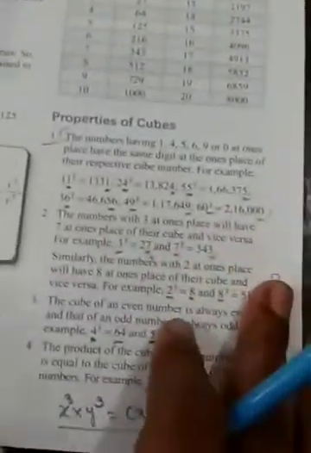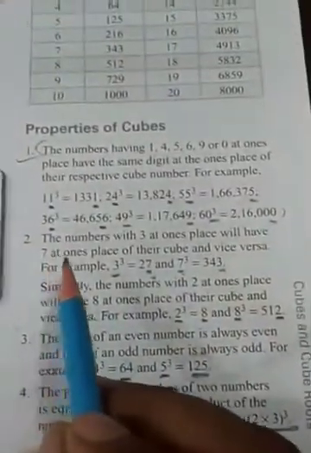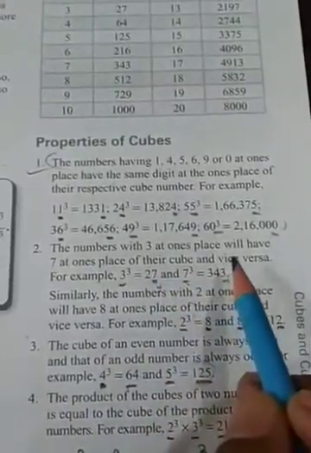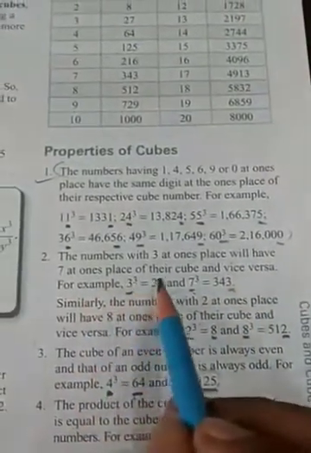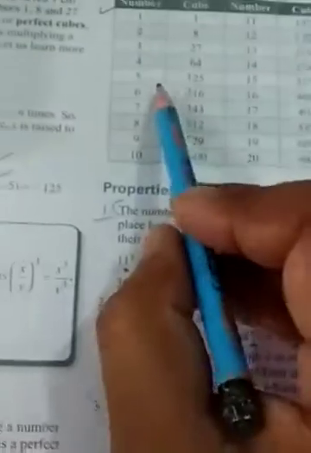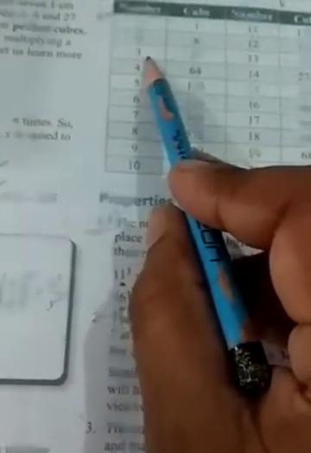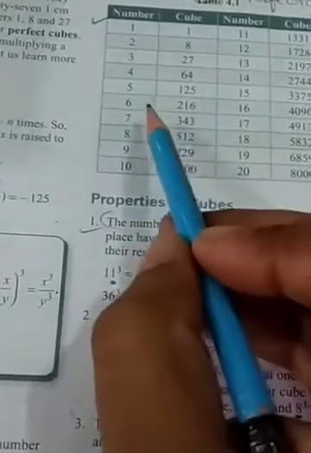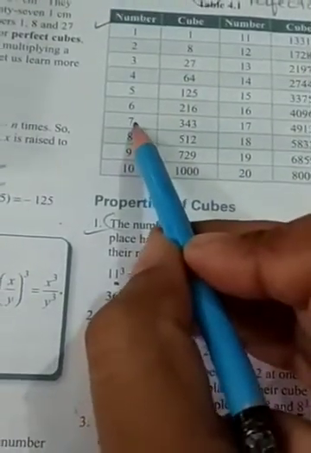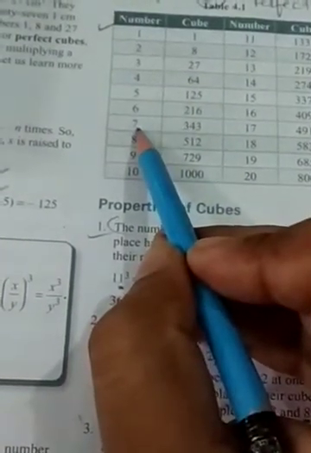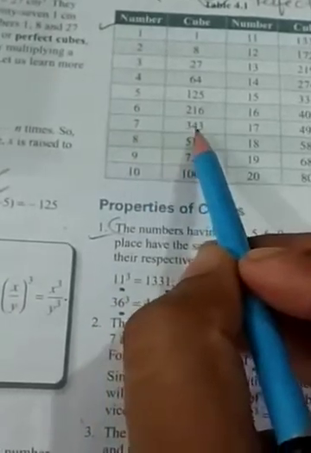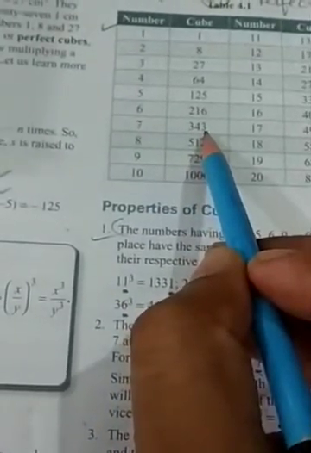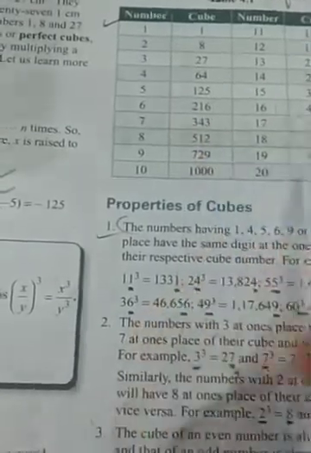Property number 2: the number with 3 at ones place will have 7 at ones place of its cube. You can see in the table, if there is 3, the unit place of the cube is 7, and if the number has 7 at ones place, the unit digit of the cube will be 3.